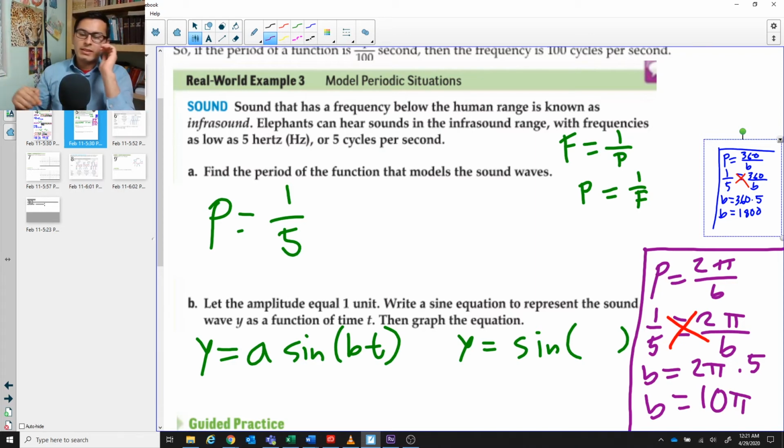I like that a little bit better than the other one because my b being 10 pi is so much easier to deal with than 1,800. You can use either, but that is what's going to go into the place of b. So we're going to say 10 pi times t, and this is the end of my equation. y equals sine of 10 pi t.